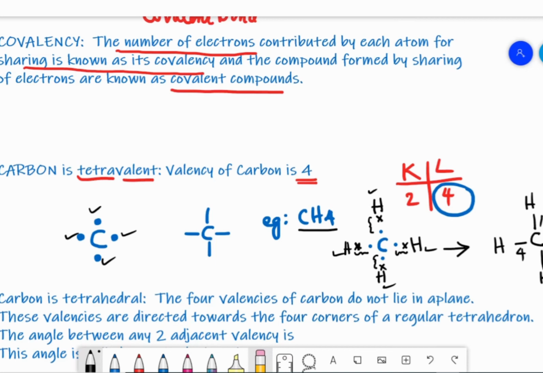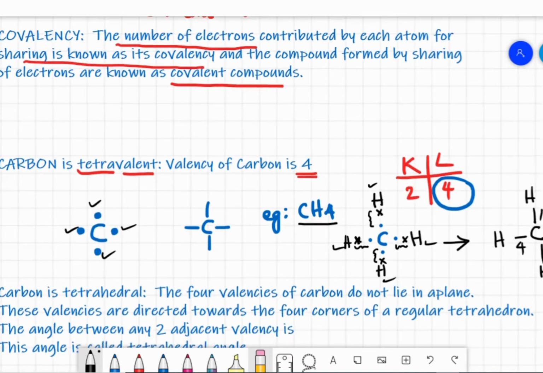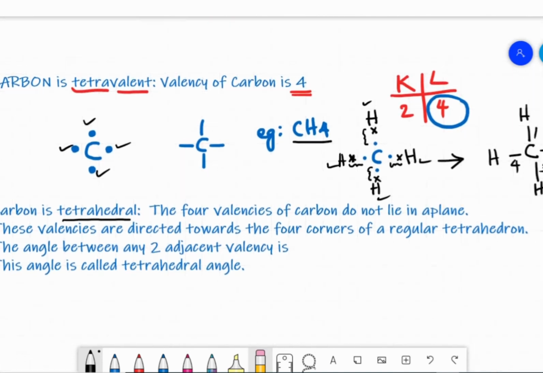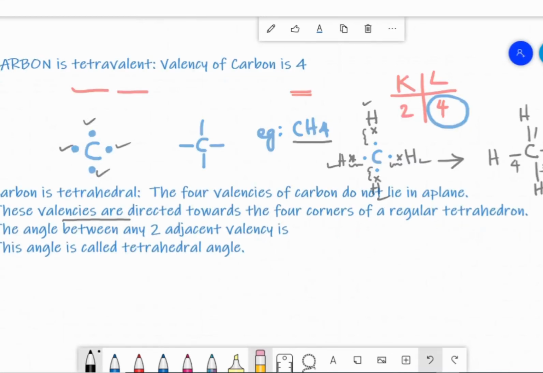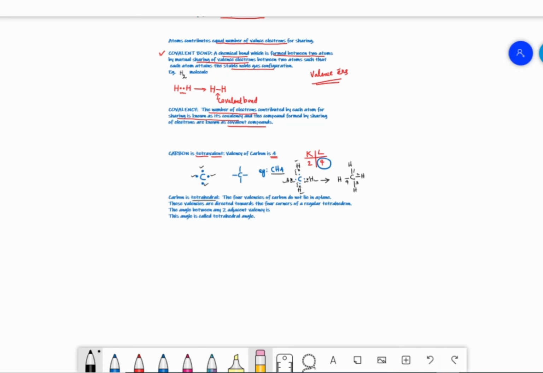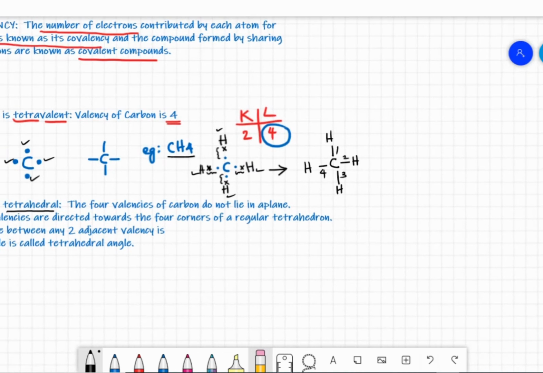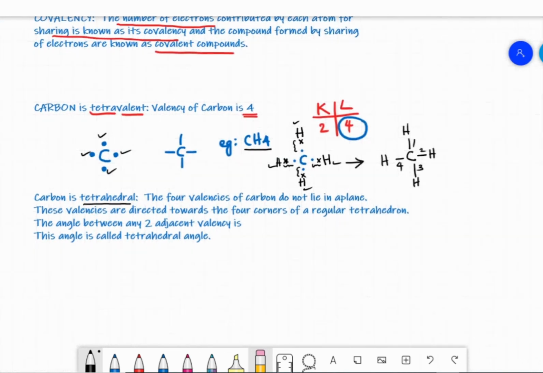Another important point to note is that carbon is tetrahedral. Tetrahedral means the 4 valencies of carbon do not lie in one plane. These valencies are directed towards the 4 corners of a regular tetrahedron, which means if you draw a tetrahedron, the valencies come in this way.